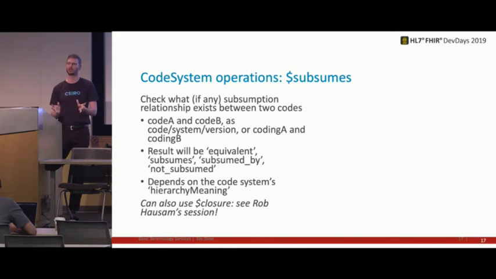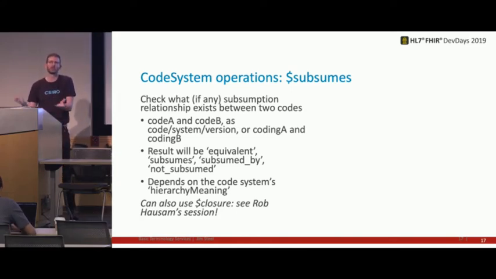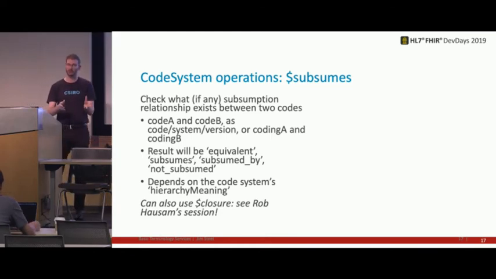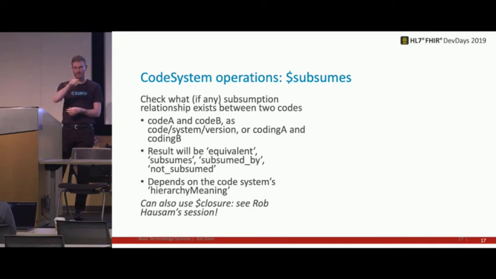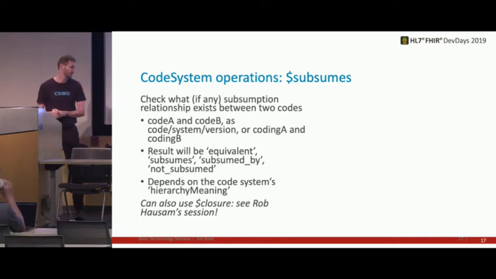There's no actual subsumption going on. If we do that, then subsumes isn't a very useful operation to us because there will be no subsumption relationships in the code system. Alternatively, we can say, look, when I design this code system and I show nesting, that means subsumption. That means code B is a code A. And in that case, we can use subsumes.